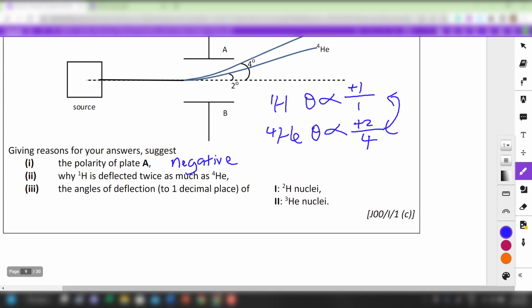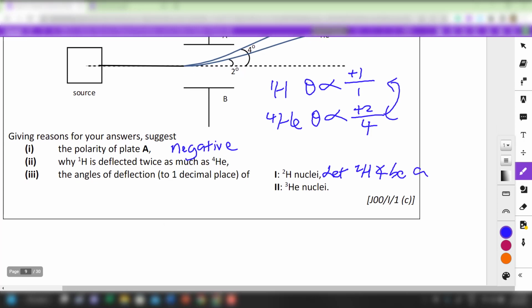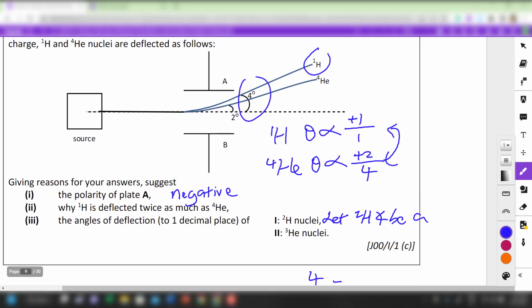We let the 2H deflection be A, for example. So we have 4 over A. 4 is the angle of deflection of 1H, so it's over here.